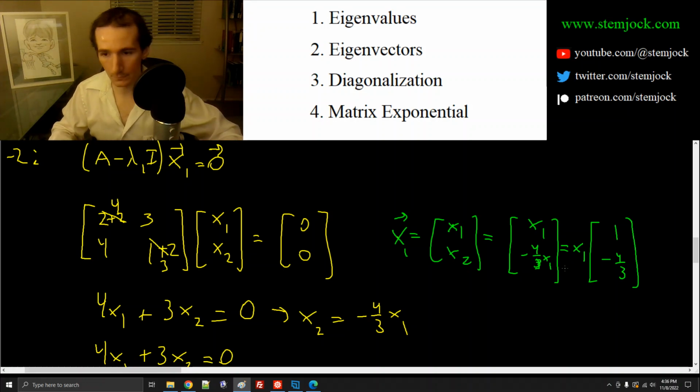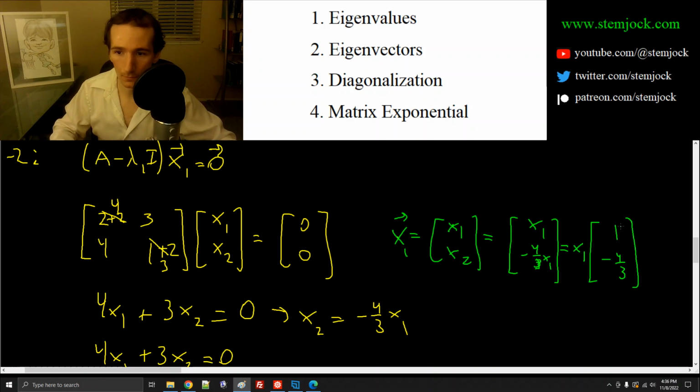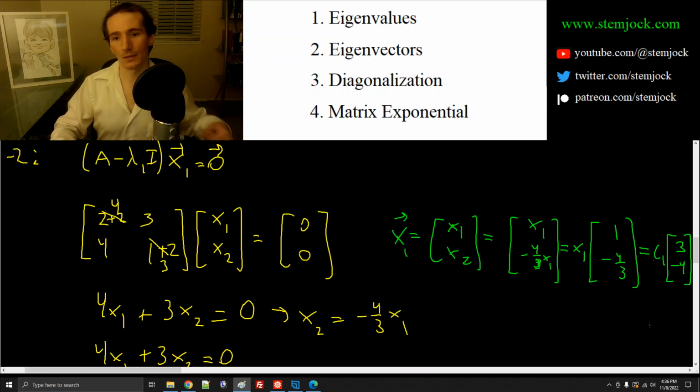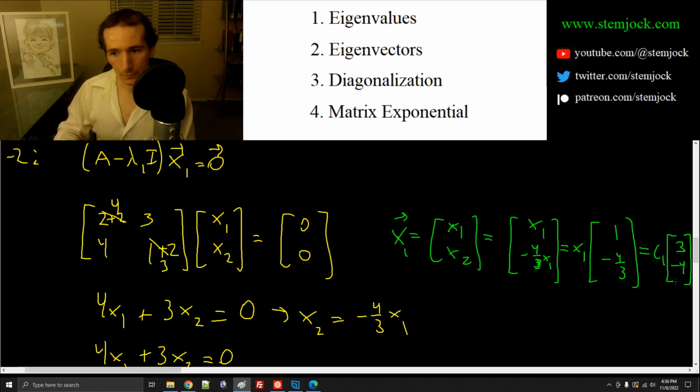I'm going to multiply both terms here by 3 by using a different constant, let's say C1. So if I multiply it by 3, I get 3 on top and negative 4 on the bottom. So this here is our first eigenvector.